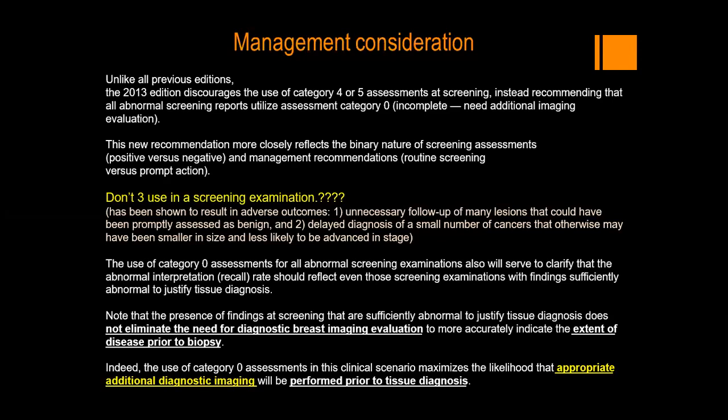And the use of category 0 for all abnormal screening will also serve to clarify that the abnormal interpretation or recall rate reflects even those screening examination findings sufficiently abnormal to justify diagnostic workup.